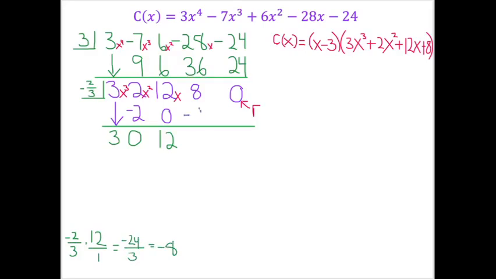We can go ahead and write that here. And then we add vertically. 8 plus negative 8 gives us 0, which it should be because we know that negative 2/3 was a 0. So the remainder should be 0. And that's applying the factor theorem there.